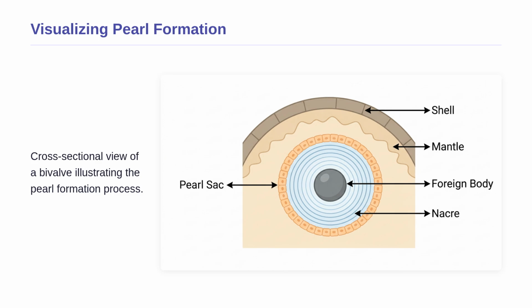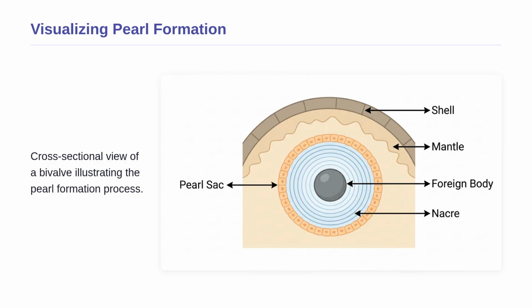Before we move on to the mathematics of how fast these pearls grow, let us see this biological process with a concrete visual example. Here we have a cross-section of a bivalve. At the very top, you can see the hard outer shell, and just below it, the soft, wavy mantle tissue. Notice the dark spherical object in the center?